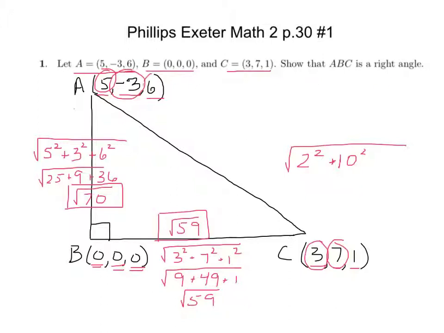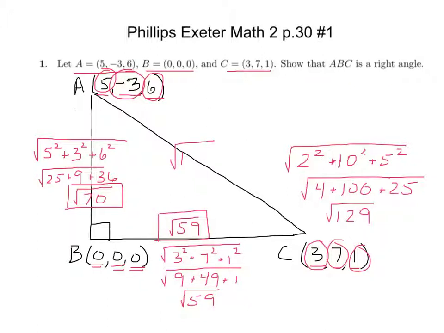And the distance from 6 to 1 is 5, so plus 5 squared. That'd be the square root of 4 plus 100 plus 25, square root of 129. So AC would be root 129.